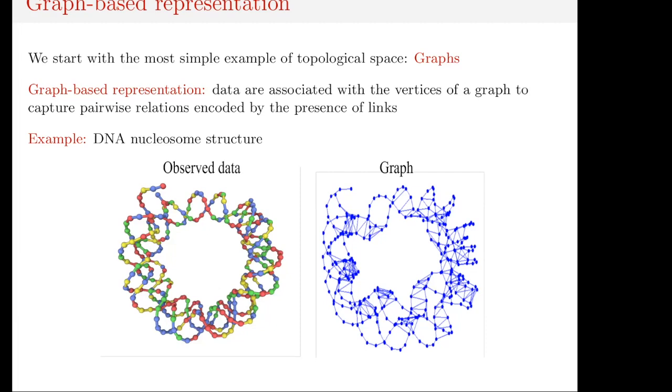We are able to identify that there is a relation between the data observed over the two nodes. For example, in this case, we have a DNA nucleosome structure. Of course, in this case, there is a link if there is, for example, a chemical reaction among the proteins.